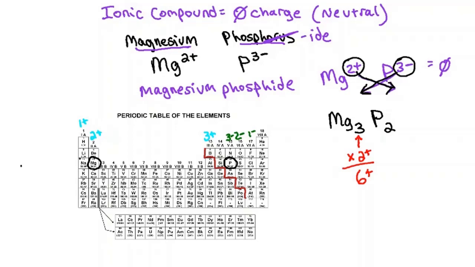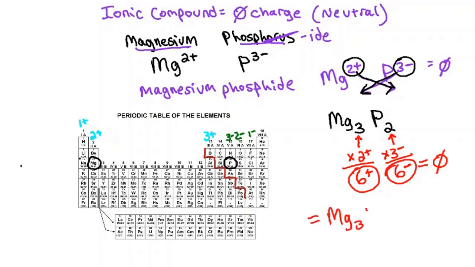And if there are 2 phosphoruses in magnesium phosphide, and each of those phosphoruses has a -3 charge, and you multiply those together, that's going to give you a -6 charge. So +6 and -6 cancel each other out and they make a neutral charge. So your answer would be Mg3P2, which is magnesium phosphide.